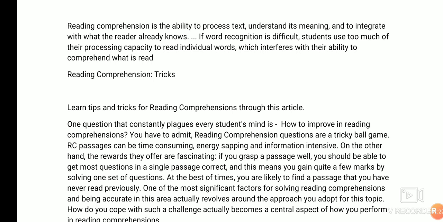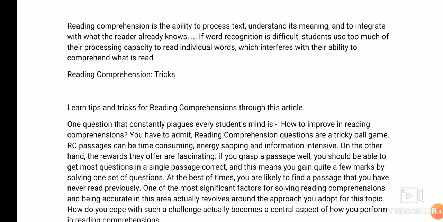If word recognition is difficult, students use too much of their processing capacity to read individual words, which interferes with their ability to comprehend what is read.